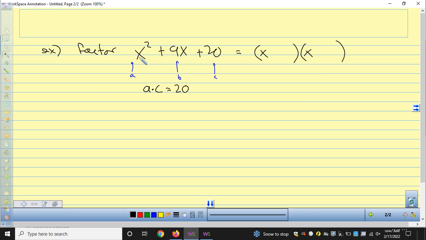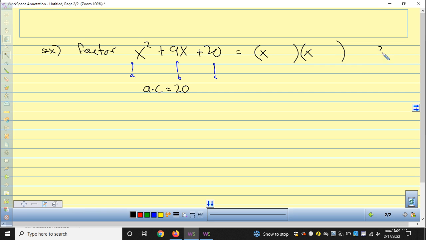X times x is x squared. When A is 1, our parentheses are always going to look like this, x and x as the first thing. And then I think to myself, well, what are two numbers that multiply to 20 and somehow add to 9? That's what our sheet is for, is to help us think of this.